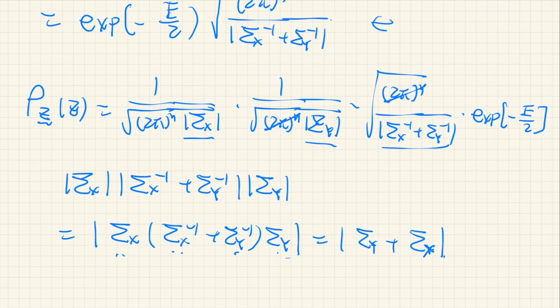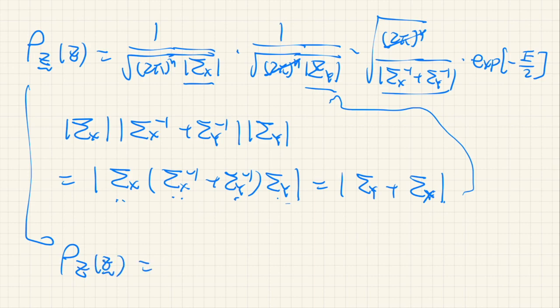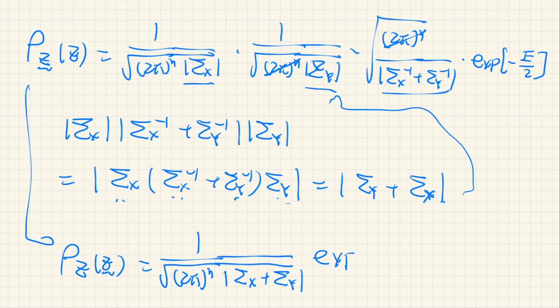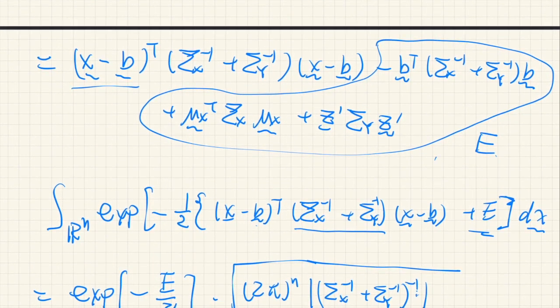So after all, let's put this back here, and we have rho z is 1 over square root of 2 pi to the power of n times the determinant of sigma x plus sigma y, and exponential of negative E over 2. So what was this E thing here? That's this.